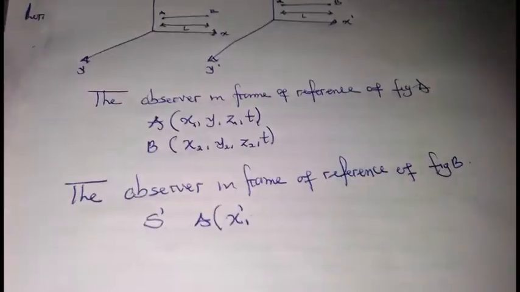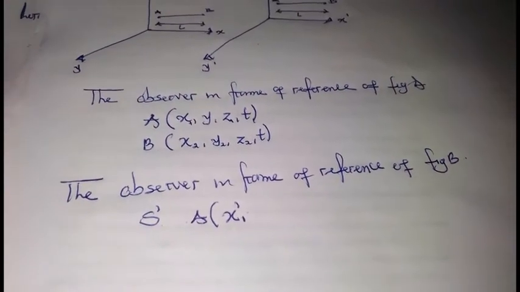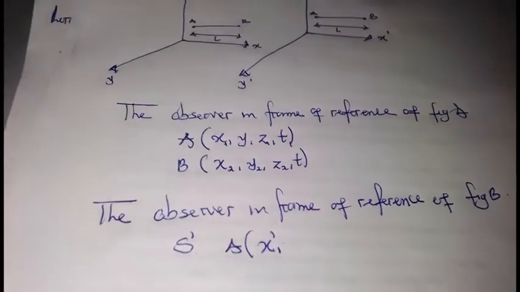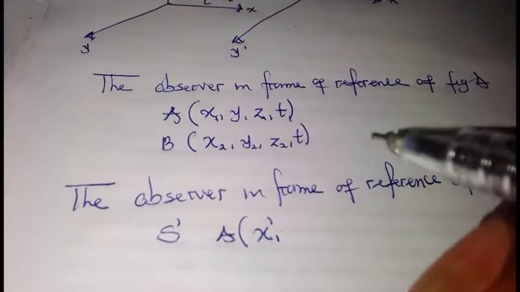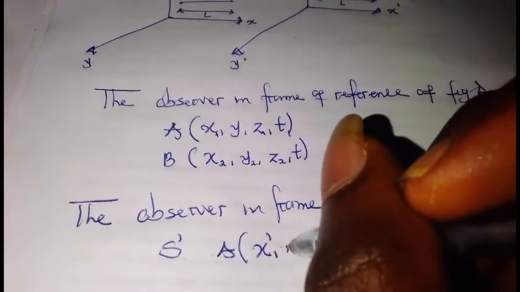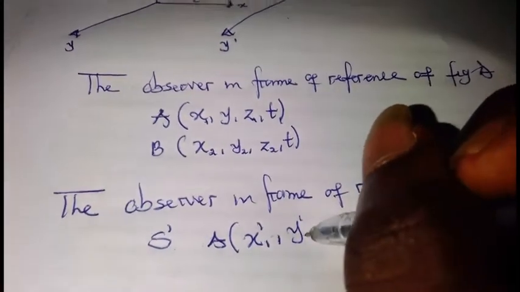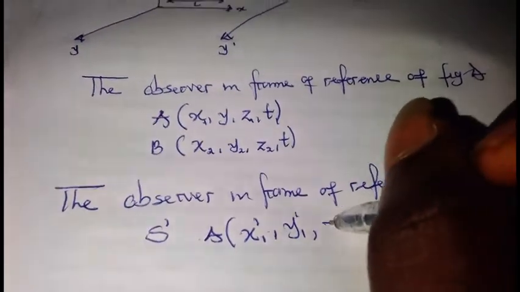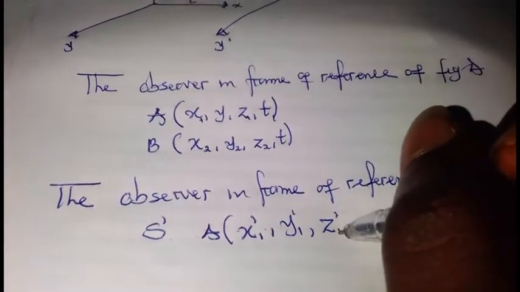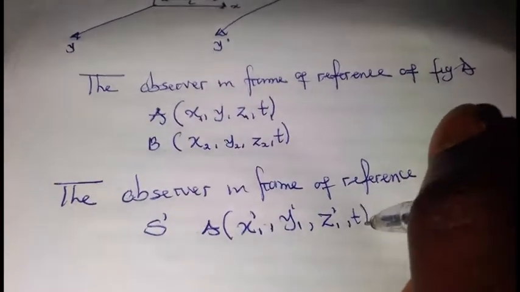The observer in the frame of reference of figure B, which is s prime, will be giving us x prime 1, y prime 1, z prime 1, t.